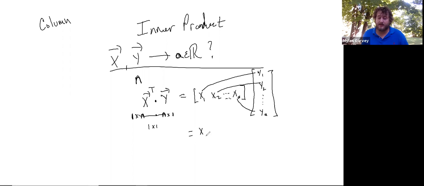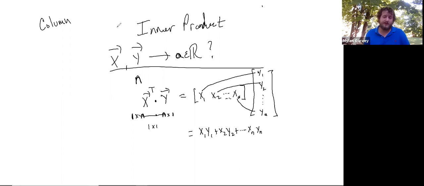So we get x1 times y1 plus x2 times y2 plus xn times yn. That's not m. That's just n. And that, by definition, is an inner product between two vectors.